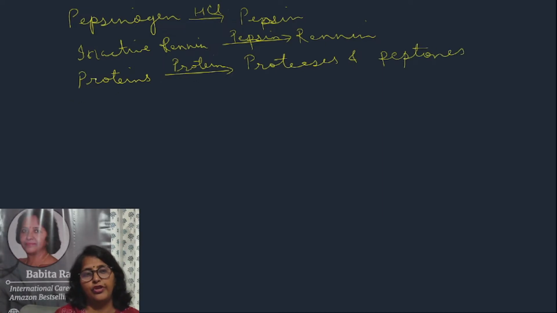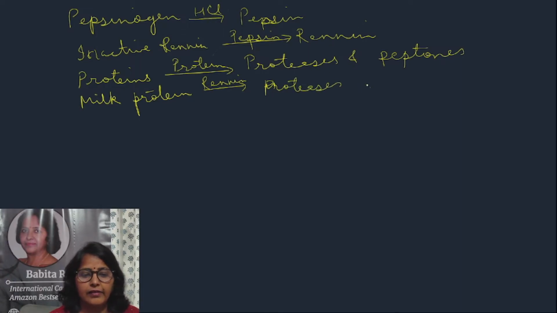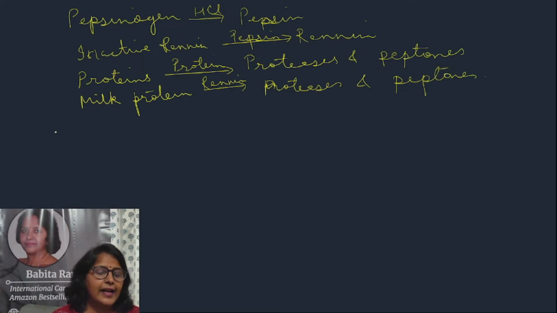These are smaller units of large molecules of proteins. Renin acts on milk protein and converts it into proteases and peptones. Gastric juice also has a very small amount of gastric lipase, but digestion of fat is negligible in the stomach.